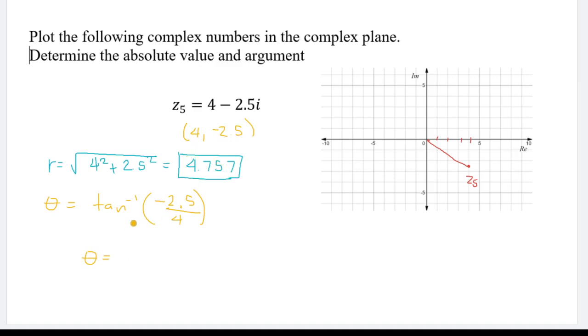That is equivalent to negative 32.01 degrees. And as we expect, our angle or our boundary in the fourth quadrant is from 0 to negative 90 degrees. So this is the answer for our number 5. So dyan natatapos yung ating representation of complex number.